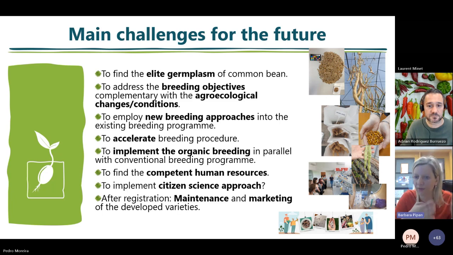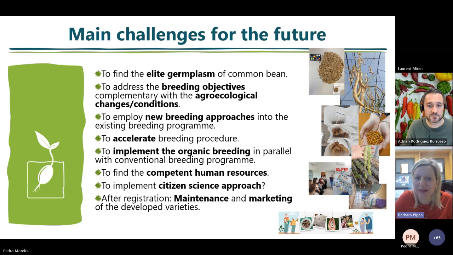Since we are in organic, we are limited to traditional breeding techniques, and we really want to accelerate the breeding process in the most appropriate way. That's why new breeding procedures and techniques which will help us accelerate the breeding process are very welcome.